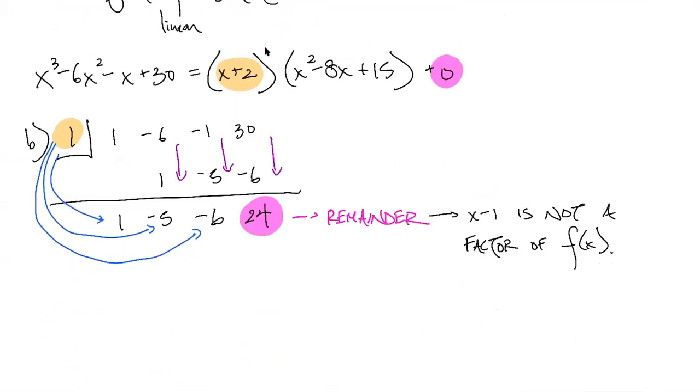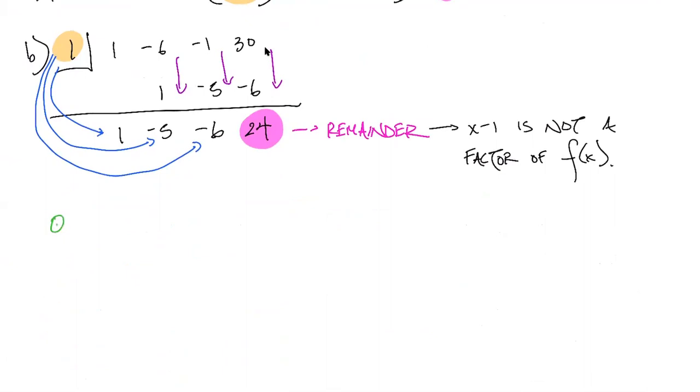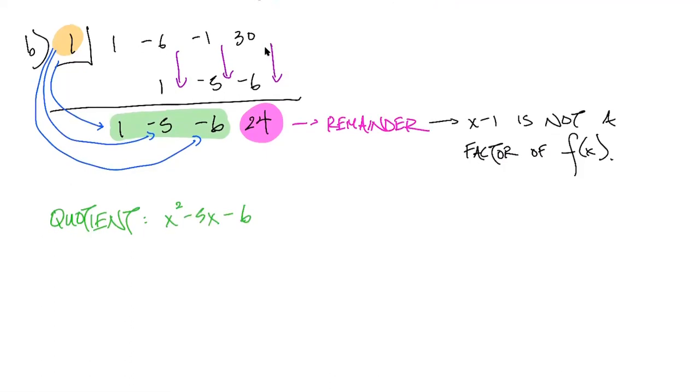So if we go back down here, we have our remainder of 24, but our quotient is going to be these three numbers right here, which are going to help us figure out our coefficients for the quotient, okay? Just like the last example, it's going to be x squared minus 5x minus 6, because that last one is a constant, okay? And there we have it, our remainder and our quotient.